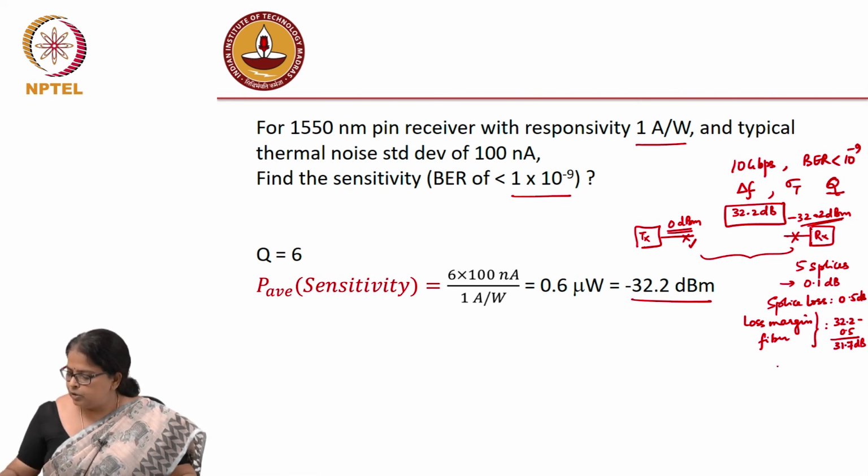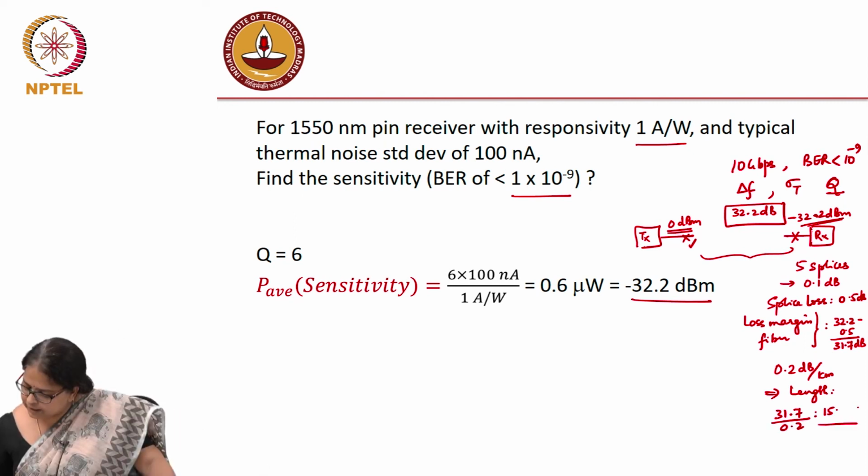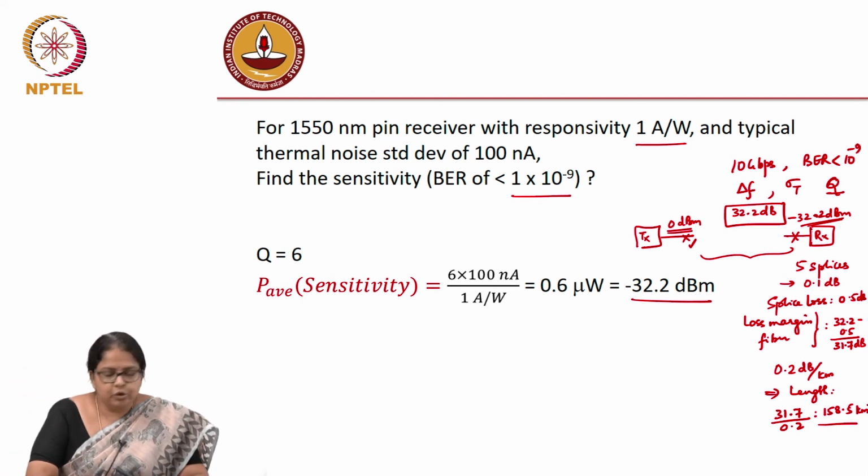And you know that the fiber loss is 0.2 dB per kilometer, which means you can find out the length of the fiber. The longest length would be 31.7 divided by 0.2, 158.5 kilometers. So, you can go all the way up to 158.5 kilometers without having a repeater.